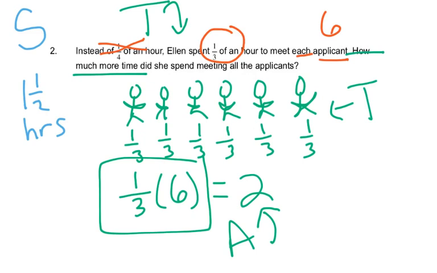So I know if she spends 1/3 of an hour with each applicant, it will take her 2 hours. But the question is how much more time she spent meeting them. So we have to take the 2 hours she spent doing 1/3 each minus the 1.5 hours she spent doing 1/4 of an hour each.